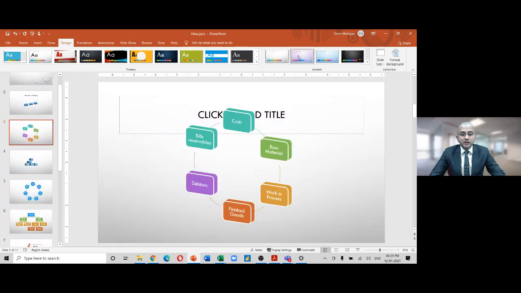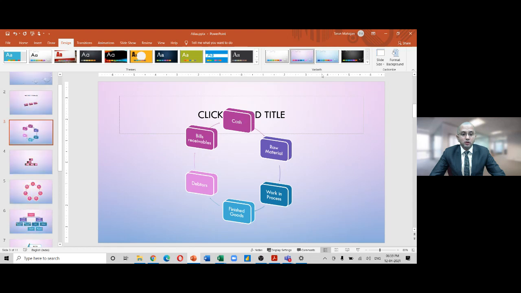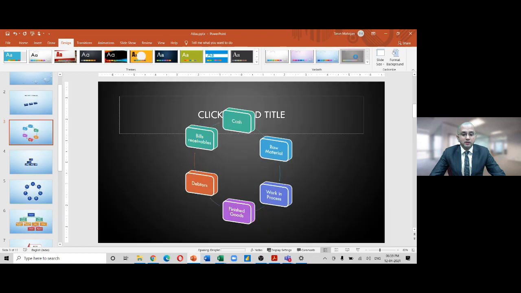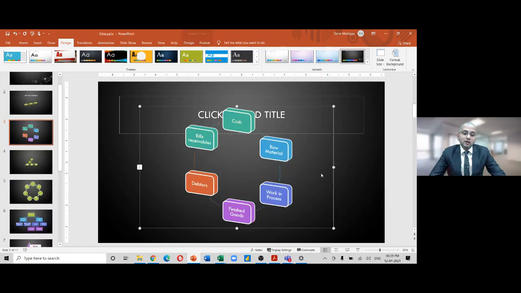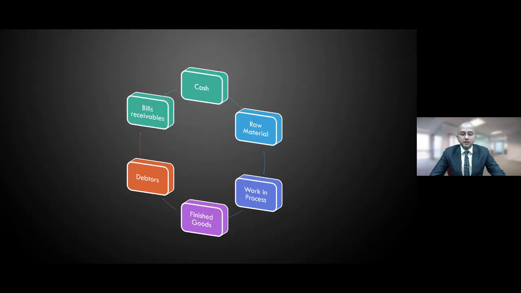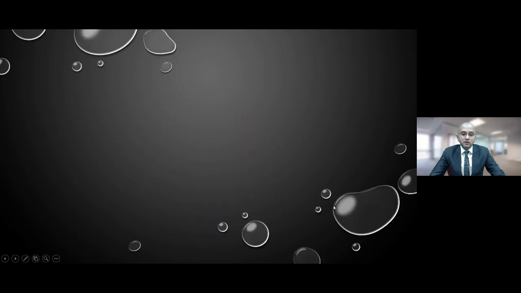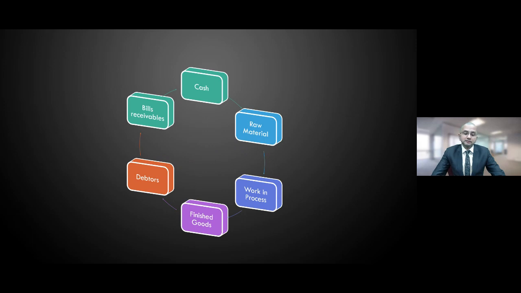I choose another variant and here this color becomes maroon. And here this color is again comparatively blue. And here this color is green. So PowerPoint will automatically change the color of the SmartArt graphics also as soon as you change the theme variant.